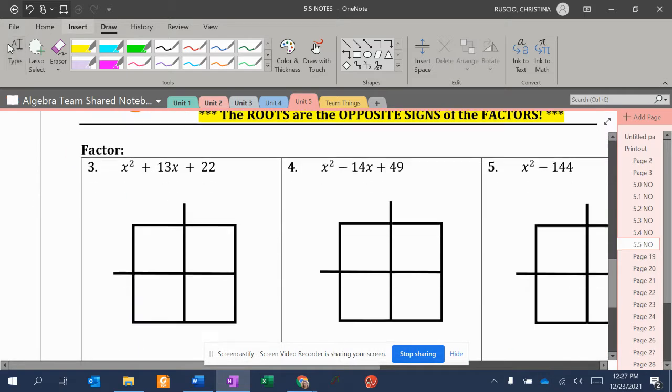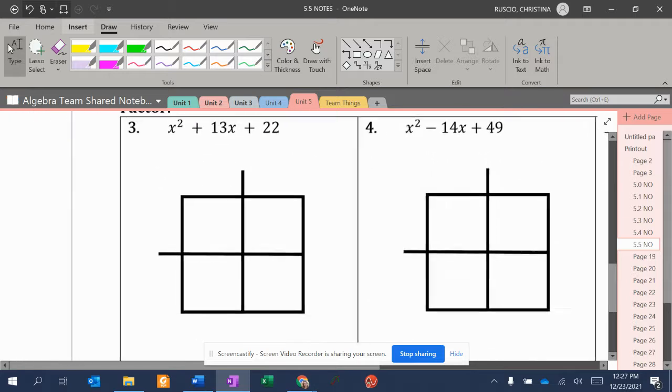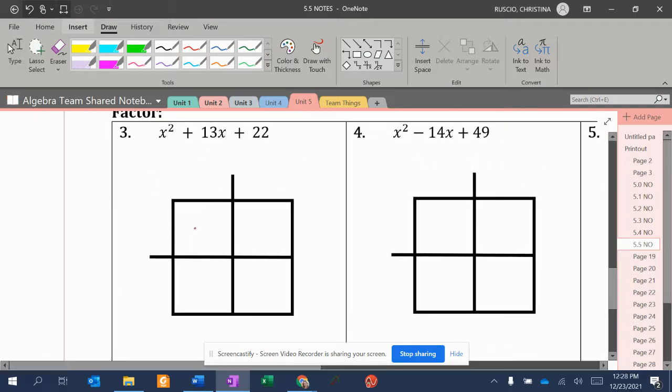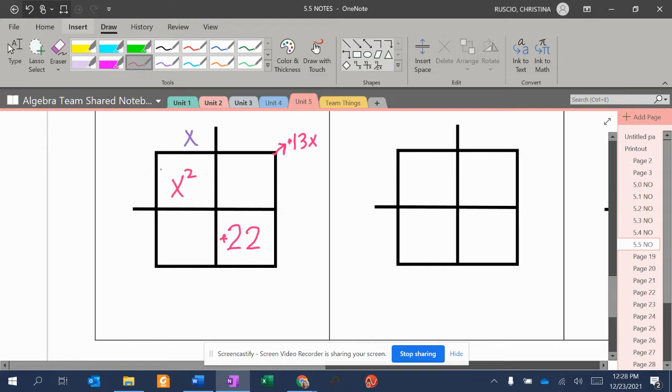Okay, so let's do some factoring. We are going to use a box method. I'm just going to set up number 3. Remember, the x squared goes here, the +22 goes down there, and that middle term of +13x goes in the top corner. So what times what is x squared? X times x. What two numbers multiply to 22?